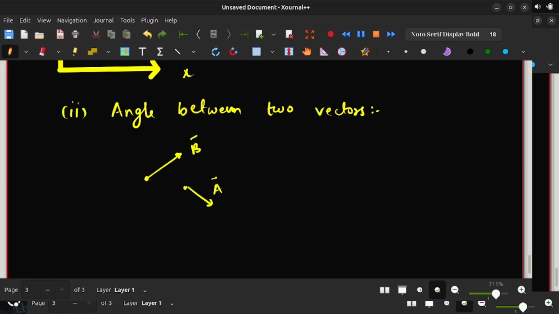You can always move them freely. And the way in which I will put the vectors is I will put the tail of A on the tail of B. So place its tail here. So they are put in the tail to tail position. So let me do this.